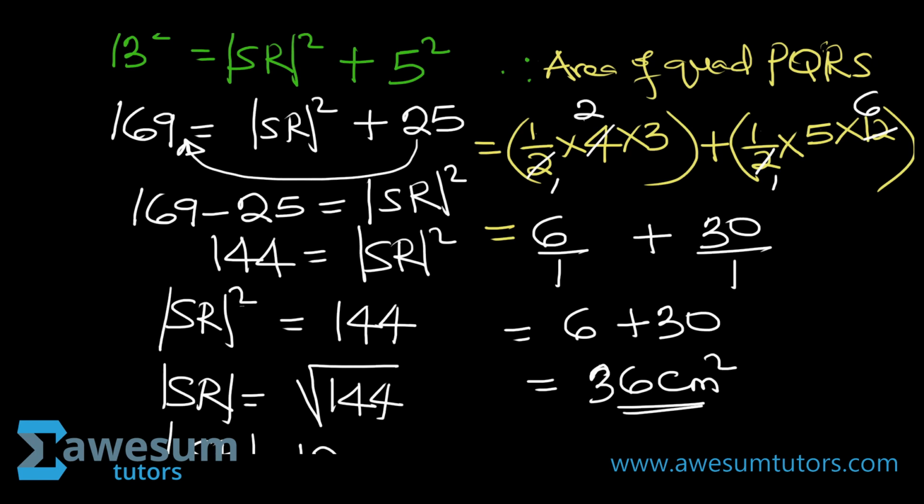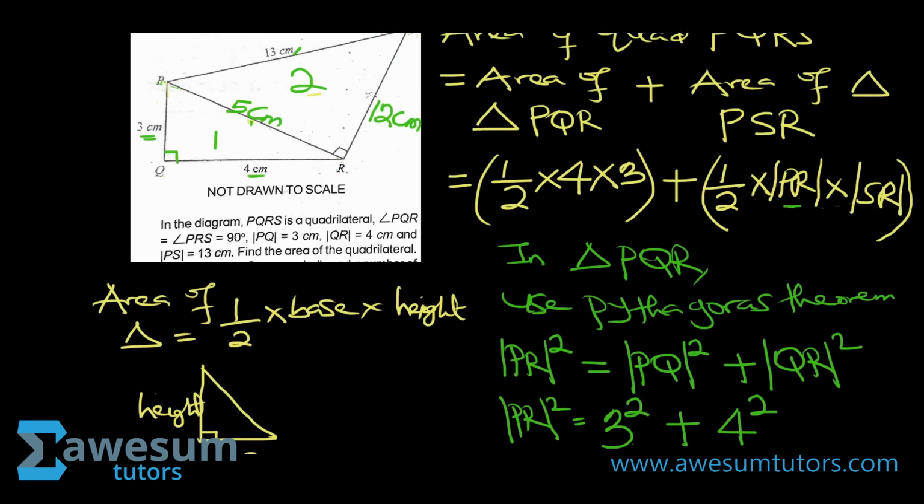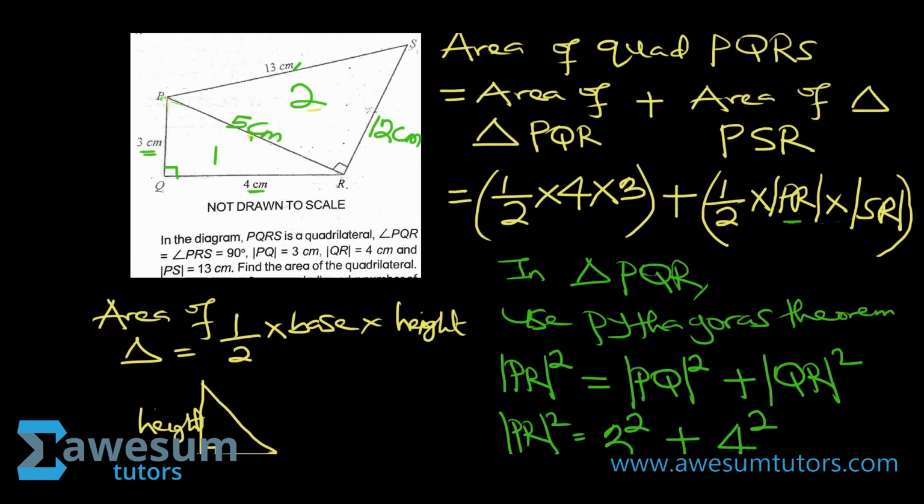Very good, guys. This is pretty easy. Remember that what we did to find the area of the quadrilateral was to look at the diagram and divide the quadrilateral into two triangles.